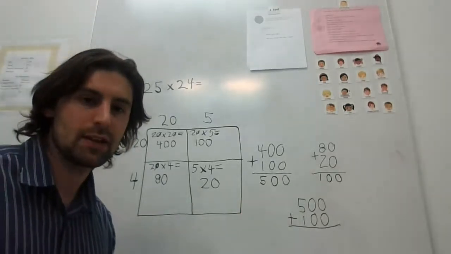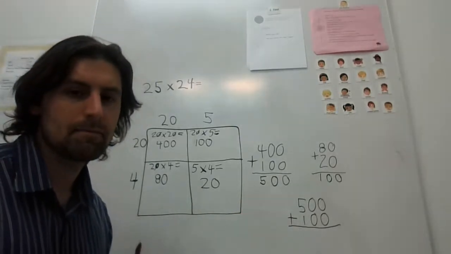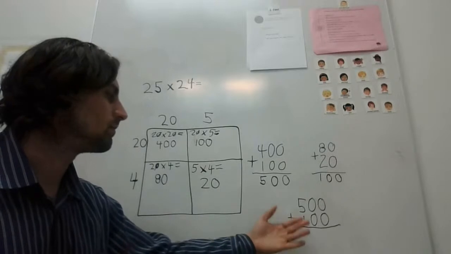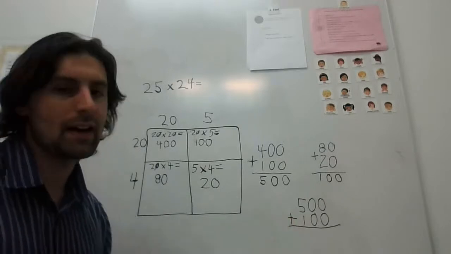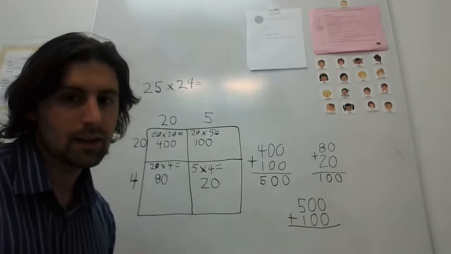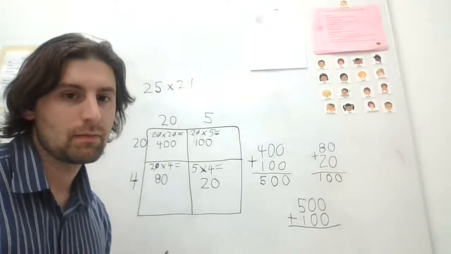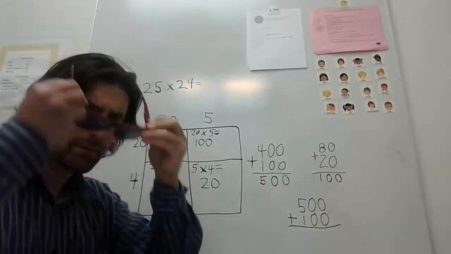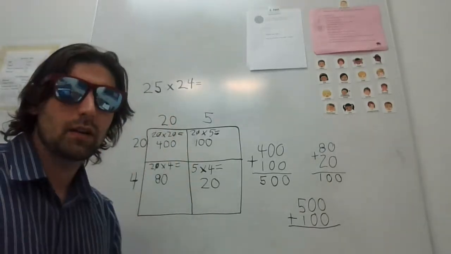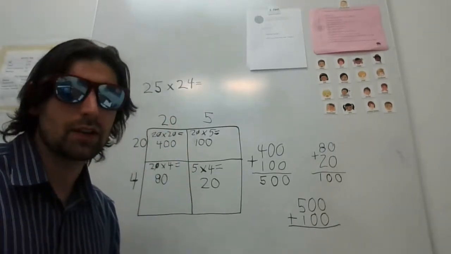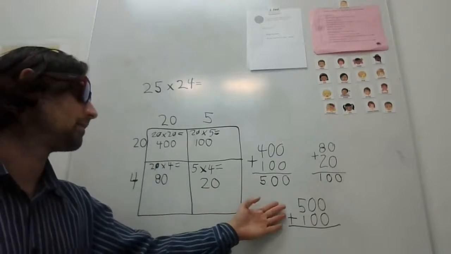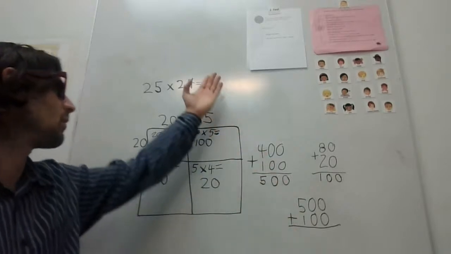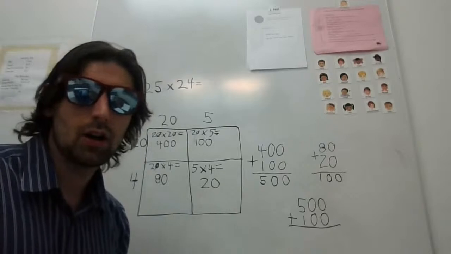So when I say freeze, I'm going to have you solve the final addition problem and find your answer to 25 times 24. So again, when I say freeze, pause the video, add 500 plus 100, and then we will have our final answer. Freeze.